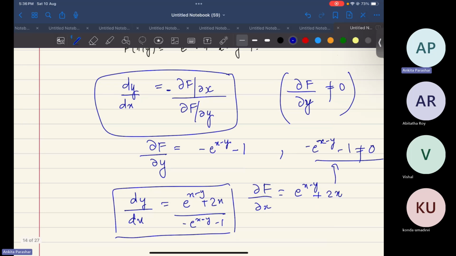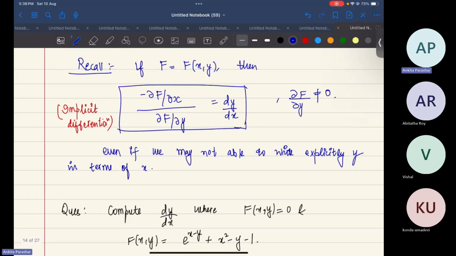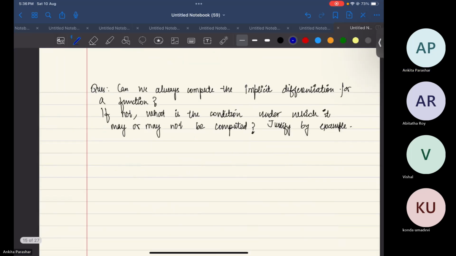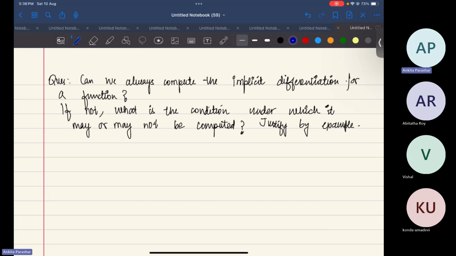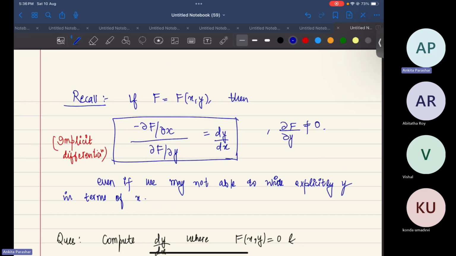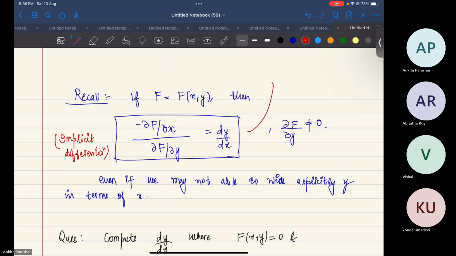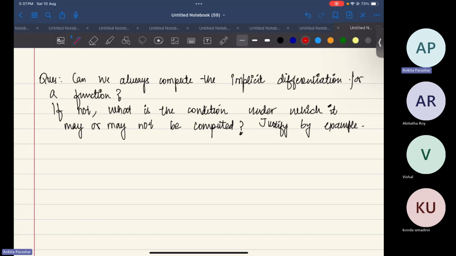So this is what we mean. Can we always compute the implicit differentiation for a function? This is what we just saw, and this is what we call implicit differentiation. It has no meaning unless ∂f/∂y is non-zero.